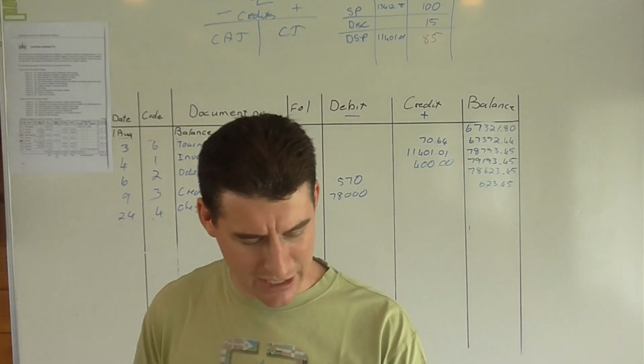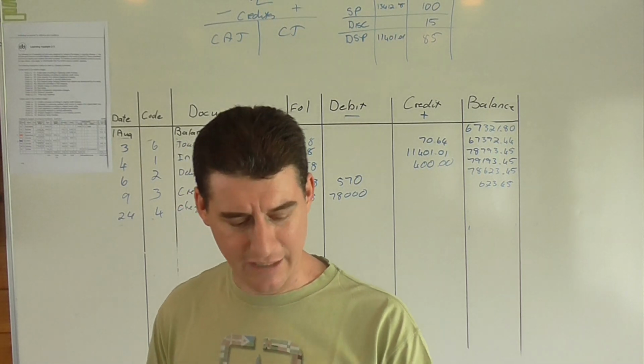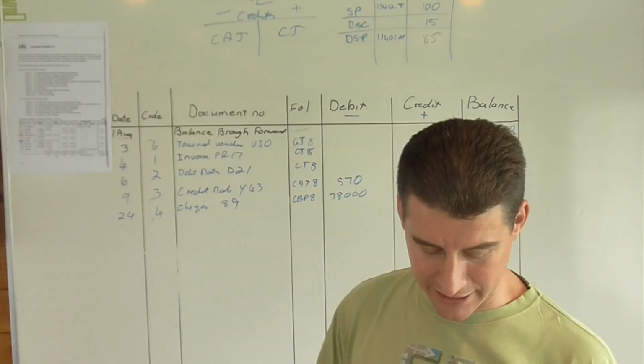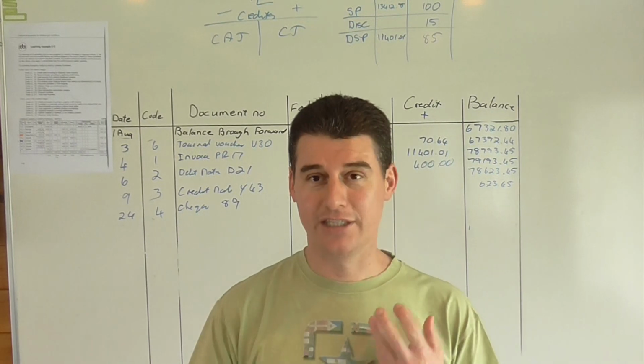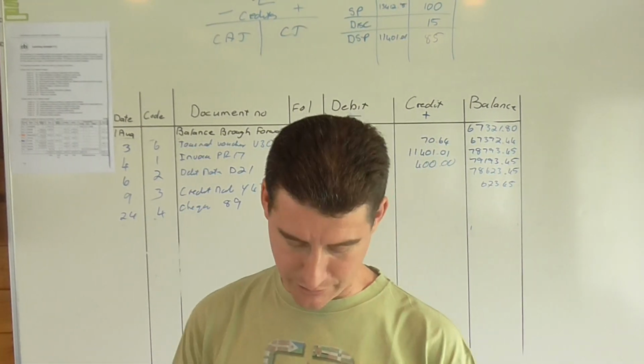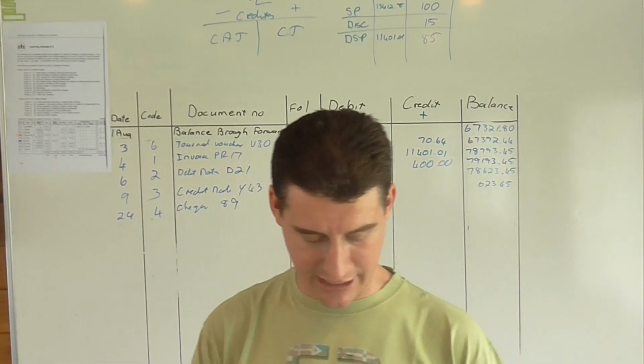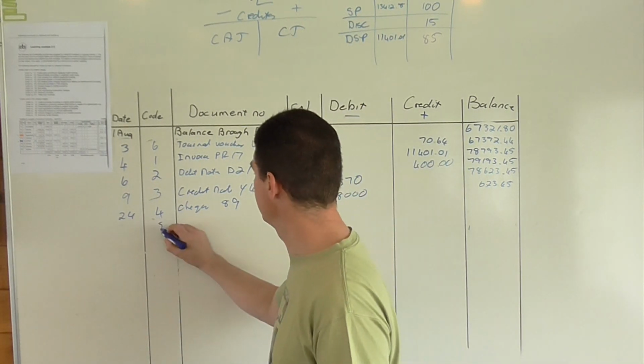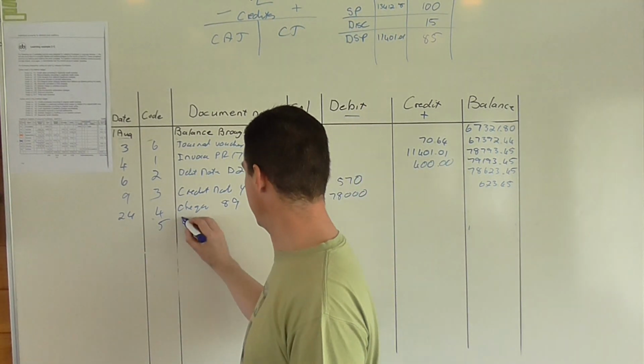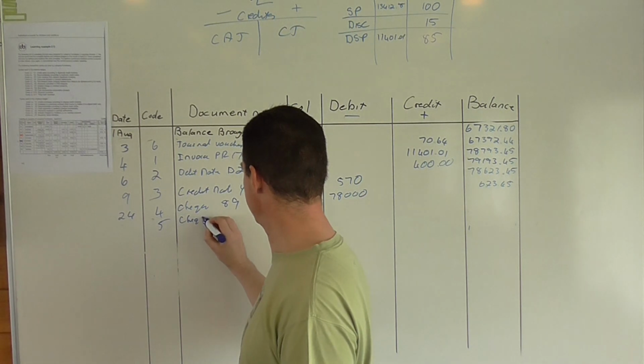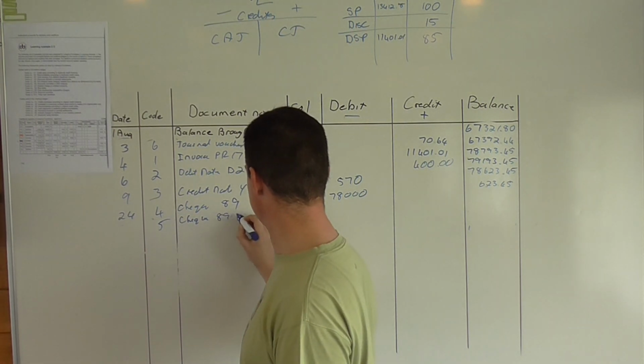But they say we issued a check in full settlement of our account. That means we've received discount. So let's look what code discount received is code number 5. So now we can write there again, check 89 discount.